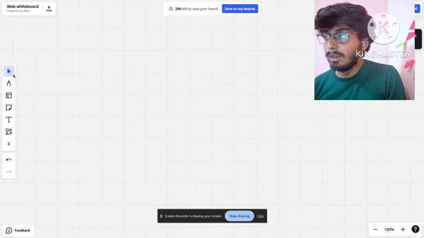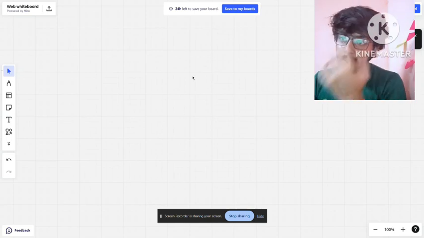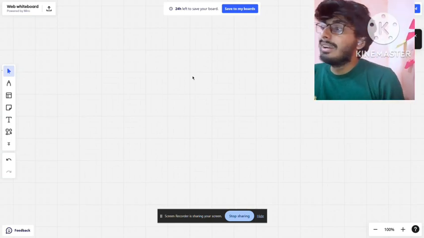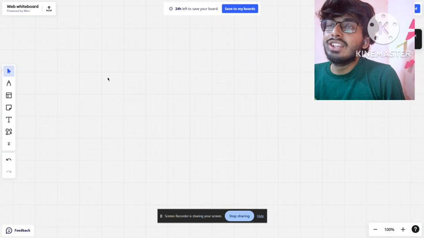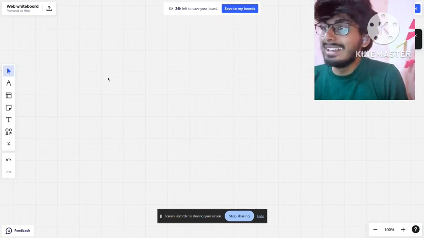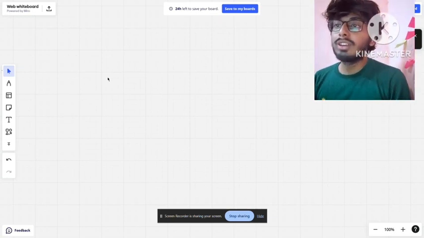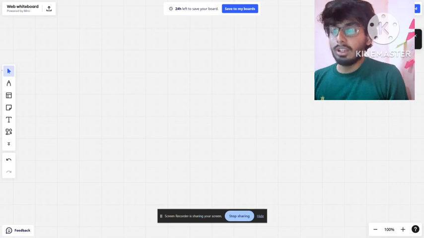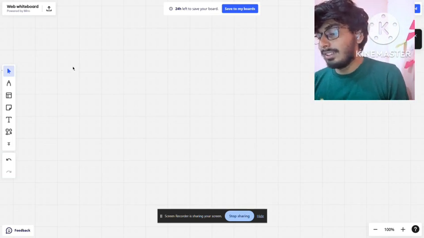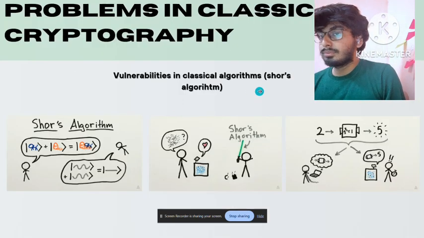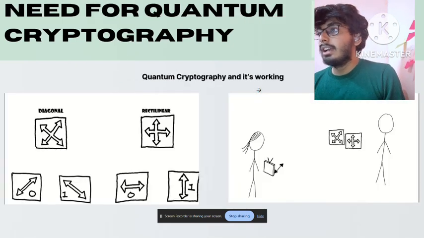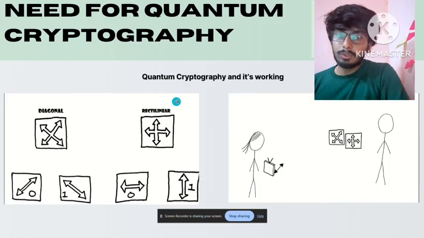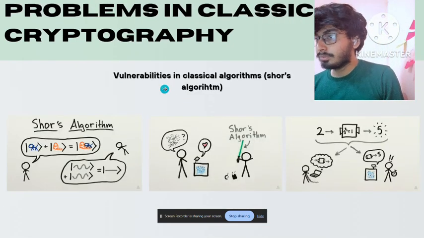If we are able to make a quantum computer, it would take just a few seconds to decrypt this. So what is the use of classical cryptography here? We can't use classical cryptography, and that's why we need quantum cryptography here.